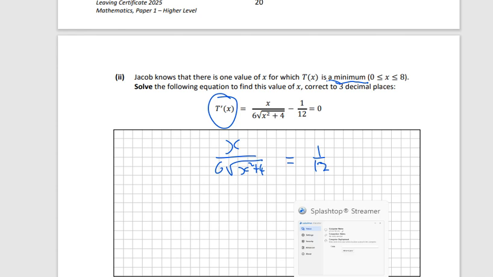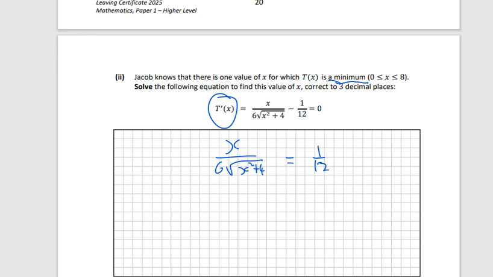I would cross multiply, it's the easiest way to solve. So 12x is equal to 6 root x squared plus 4. Then I can bring across the 6 and divide it. We get 2x is equal to root x squared plus 4.